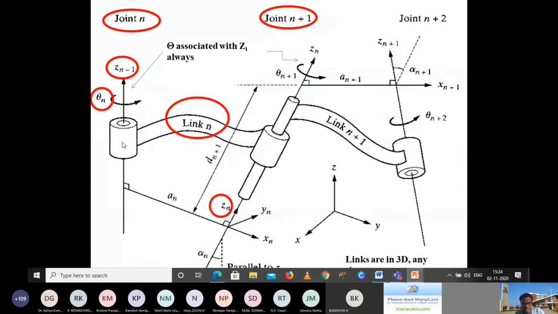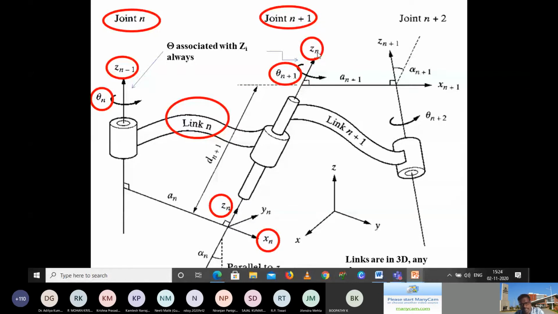Please understand that z n minus 1 and z n are not parallel. The same thing is denoted as the z n axis along this, and the rotation is denoted as theta n plus 1. Are you getting it?